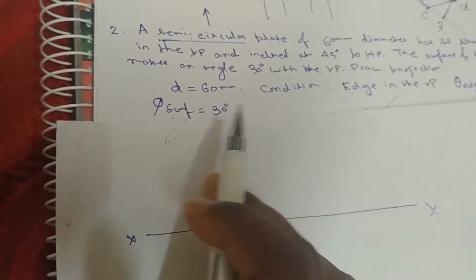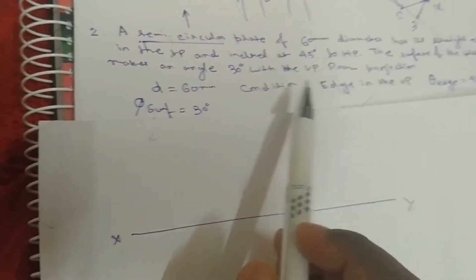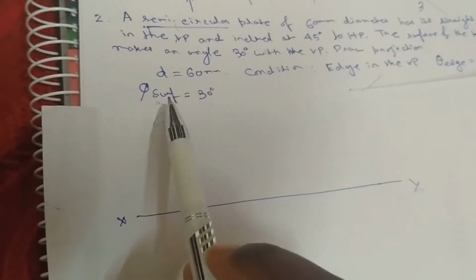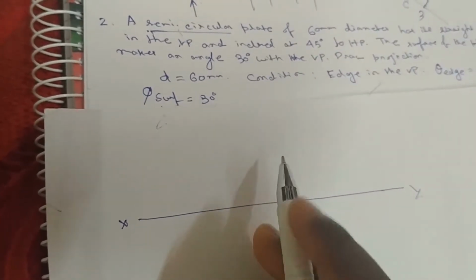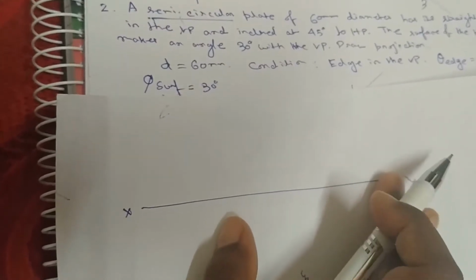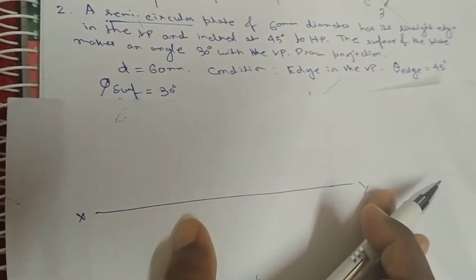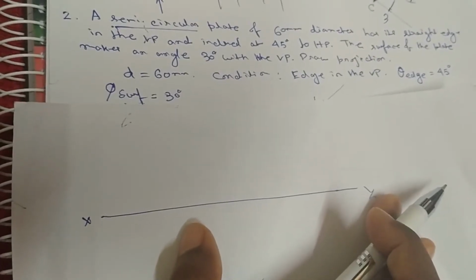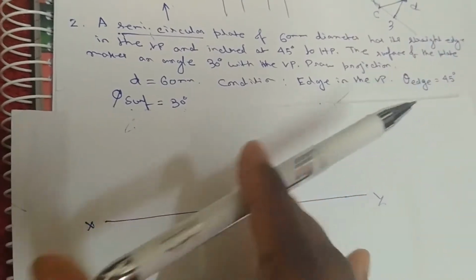After that, we are going to recreate the surface 30 degree on our second step, that is our surface inclination, and third step, that is edge inclination, we are going to make 45 degree edge inclination.